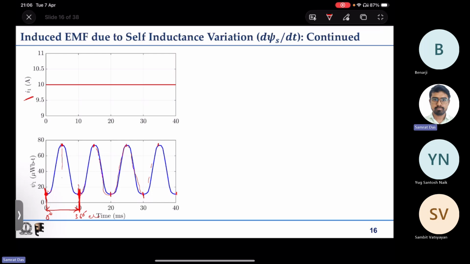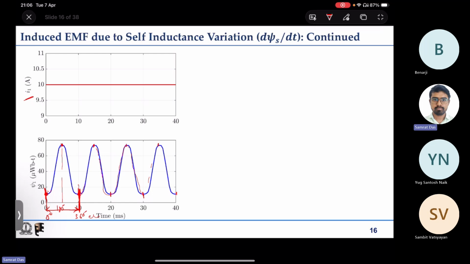So the aligned position will be half of that, 180 degrees, and this is how the electrical angle will be for this case. That is a little tangential to the topic we are discussing, but you can see that the flux linkage of the coil changes.